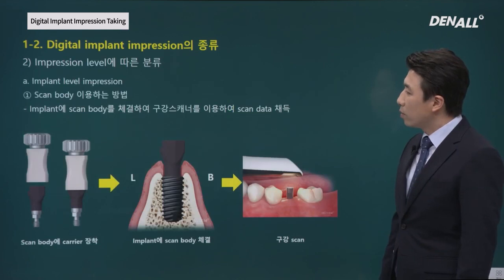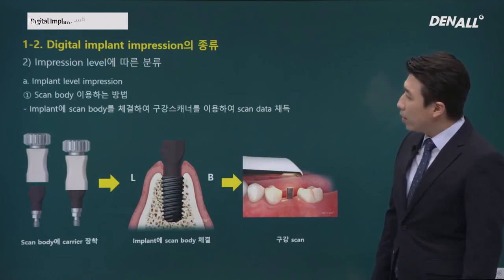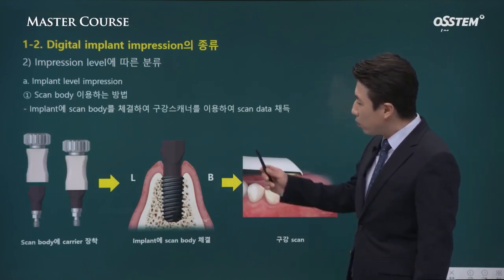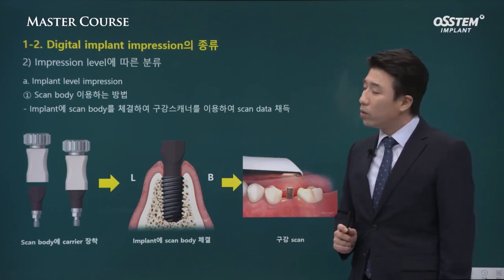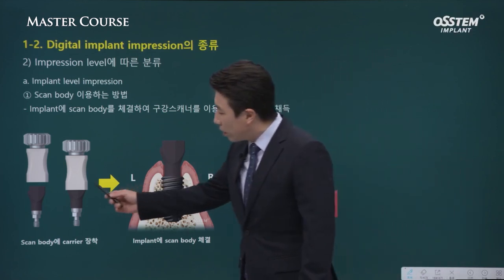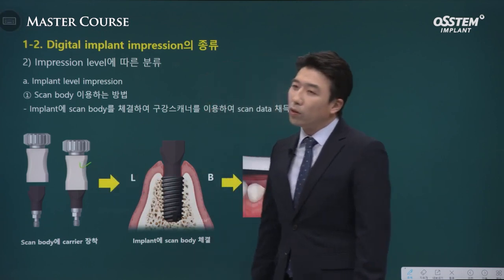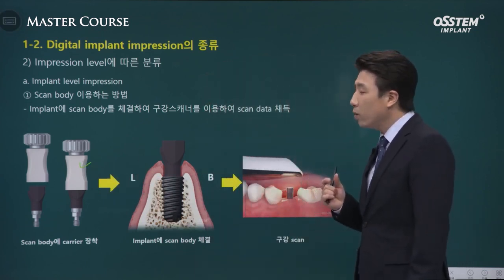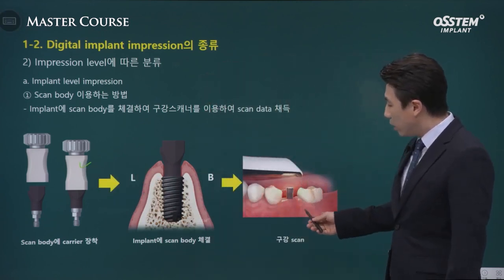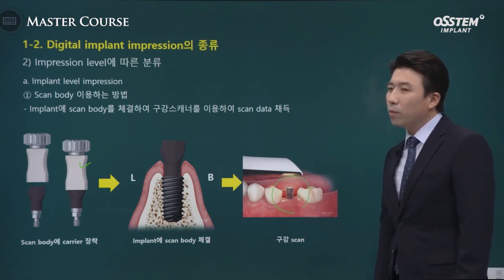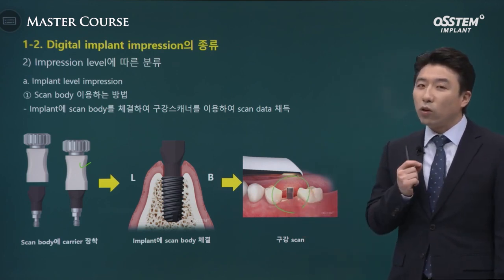In the case of scan bodies, as I talked about the principle of using them, there are very good and convenient tools to transfer the scan bodies. If you look here, a scan body, when it is connected in the mouth, is not comfortable.